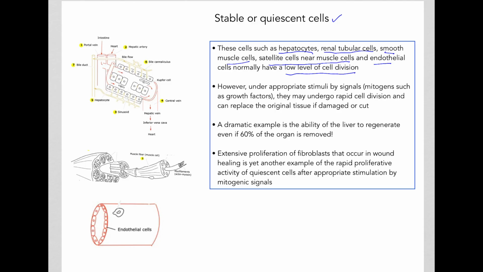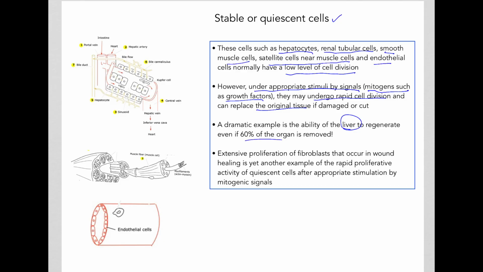But under appropriate stimuli by signals, what we call mitogens, examples of which are certain growth factors, these cells can undergo rapid cell division, and they can actually replace the original tissue that is damaged or destroyed. One dramatic example of this is the liver, which we'll talk about under cell division.